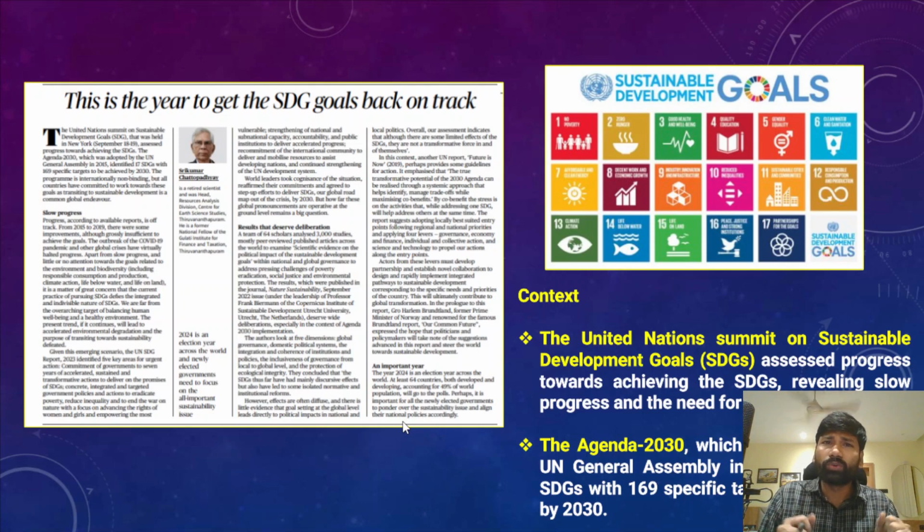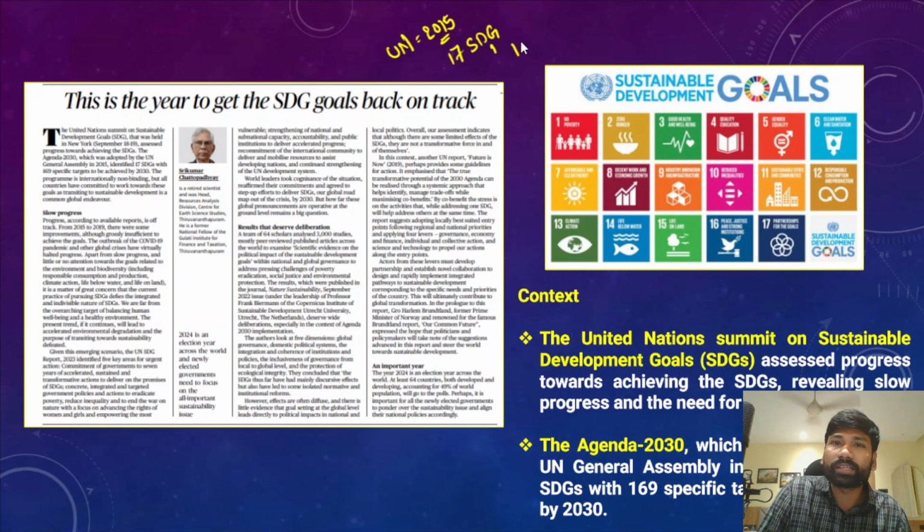We all know that the United Nations launched the Sustainable Development Goals in the year 2015. There are 17 Sustainable Development Goals with 169 targets, and the aim is that we must achieve these 17 goals by the year 2030.